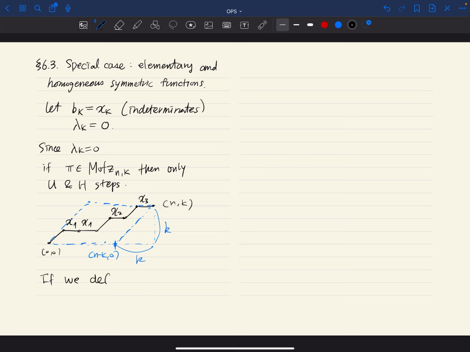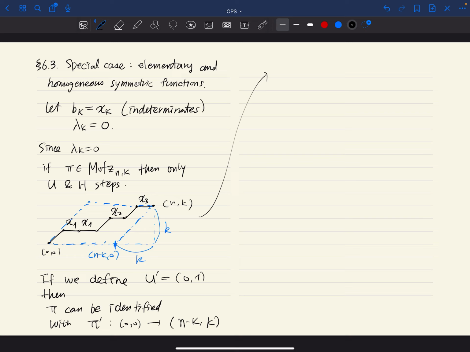Because if we define, okay, let's say u prime is just the up step (0, 1), just go straight up, then pi can be identified with, say, pi prime from (0, 0) to (n minus k, k), where this is our pi, but we change up step using like u prime.